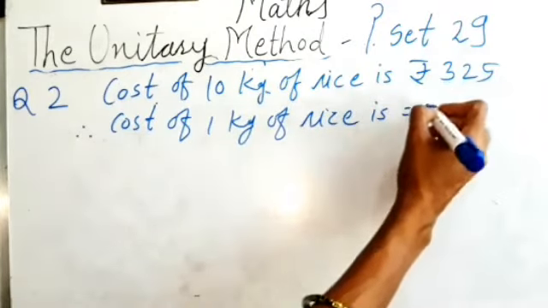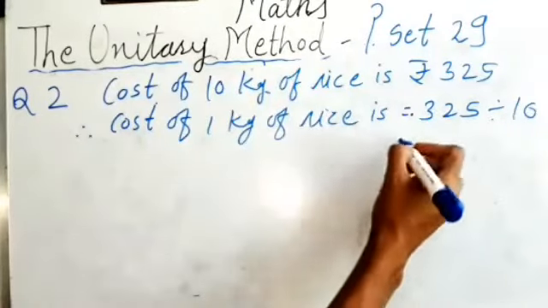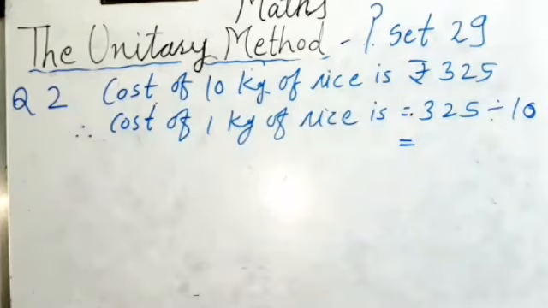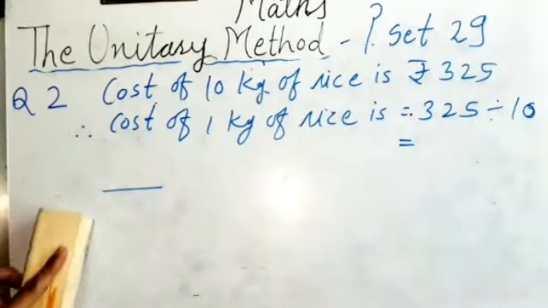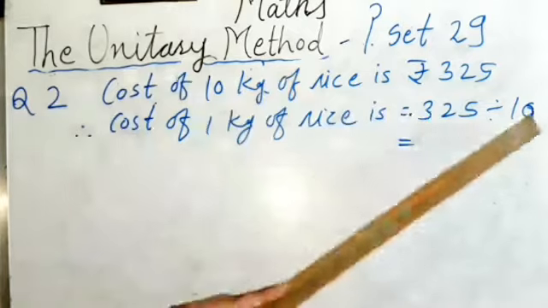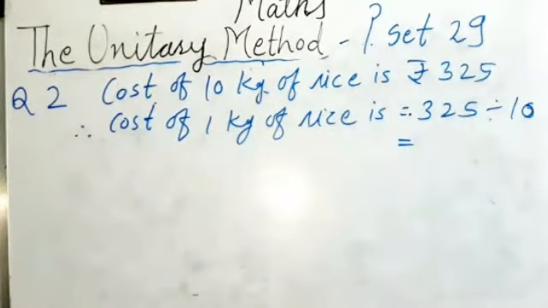The cost is 325 divided by 10. So I will get 325 upon 10. Can we divide? Let us find. Will 325 be totally divisible by 10? No, because we know the test of 10: if the unit place has 0, then only that number is divisible by 10.